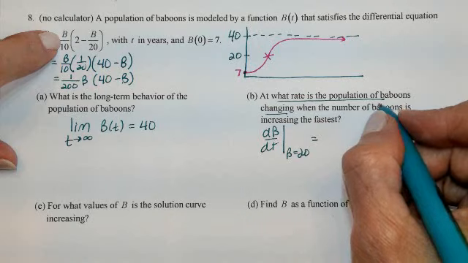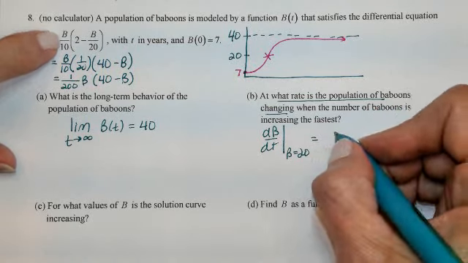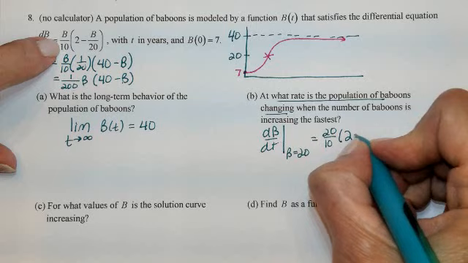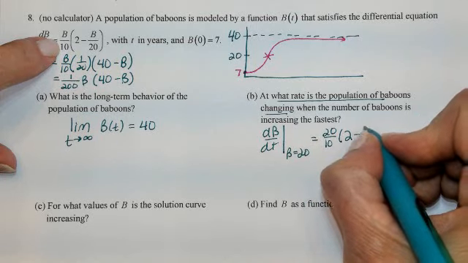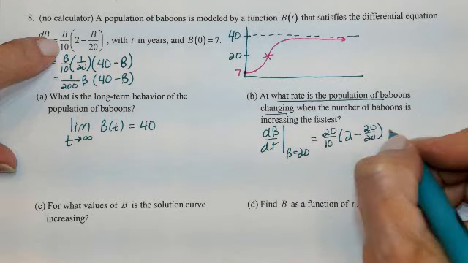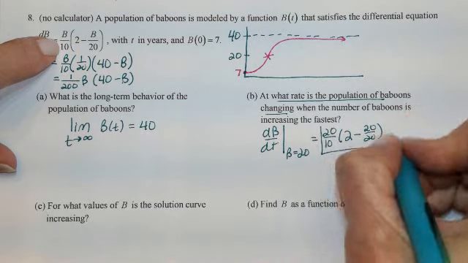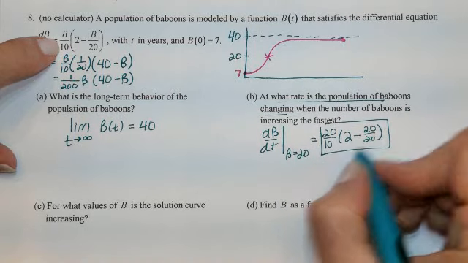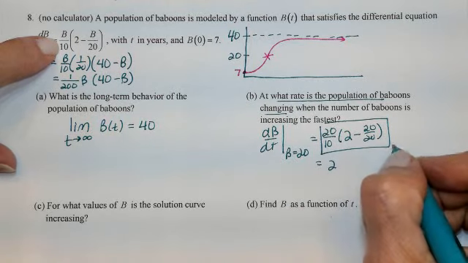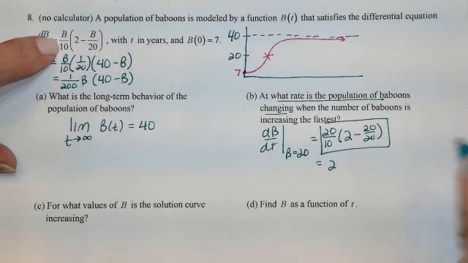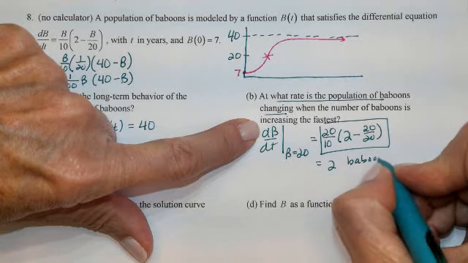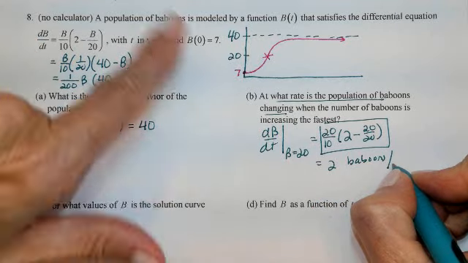If I put b as 20, then 20/10, I'll have 20/10 times 2 minus 20/20, right? That would be a safe stop spot. We can safe stop there. This would be 2 times 2 minus 1, so that would be 2. If they asked for units, it would be baboons per year.